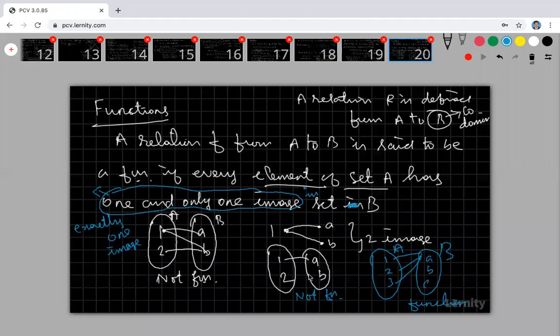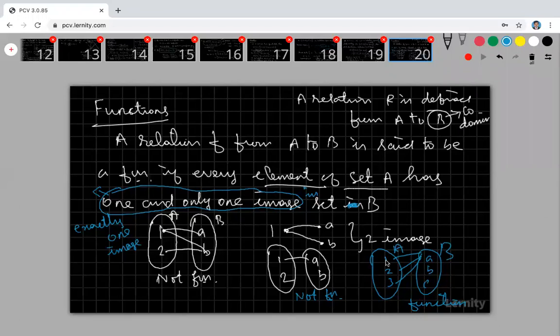Look at that. This is not a function. This is not a function, but this is a function. All the elements are related to only one element, so no problem. Three is related to how many elements? Only 1. Two related to how many elements? Only 1. One related to how many elements? Only 1.